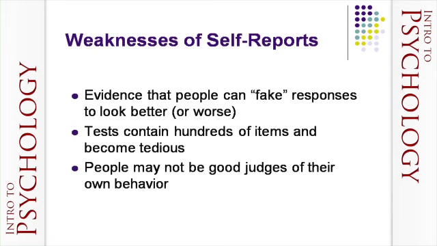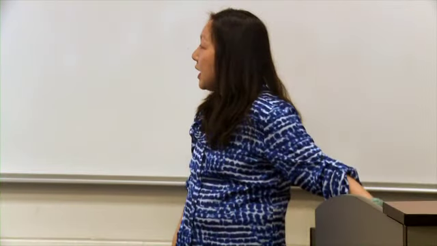Tests contain hundreds of items and become tedious. Definitely 500 questions, it's going to be tedious. It's just boring and too much. People may not be as good judges of their own behavior sometimes. Okay, so that was the personality chapter.